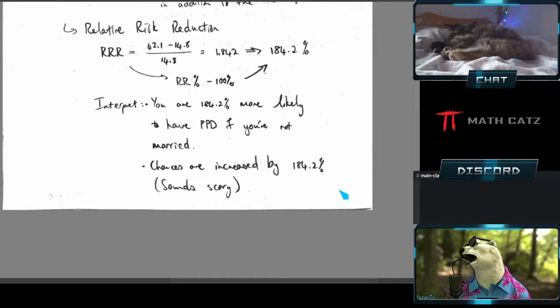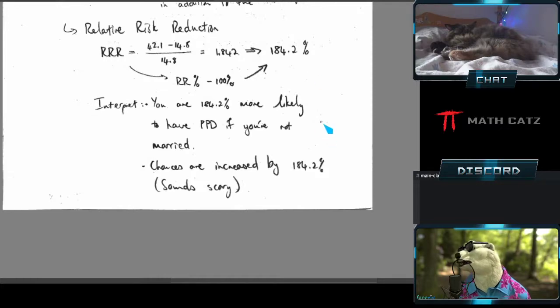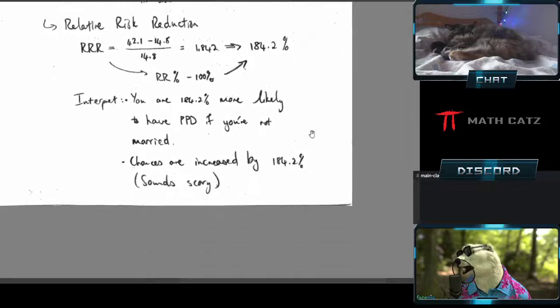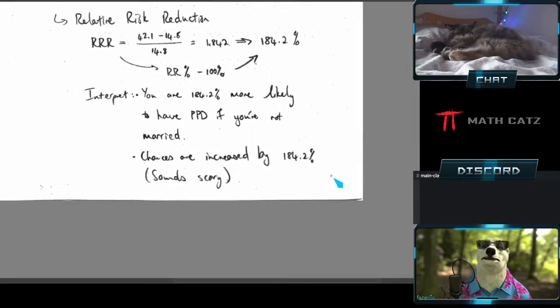Or if you want to sell some new treatment, you can just say, oh, 42% and 14.8%, do with that information what you will. Or you can use the relative risk reduction, because they sound much more impressive in a way, even though they are exactly the same information.